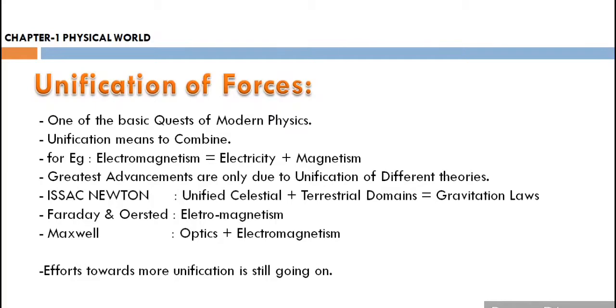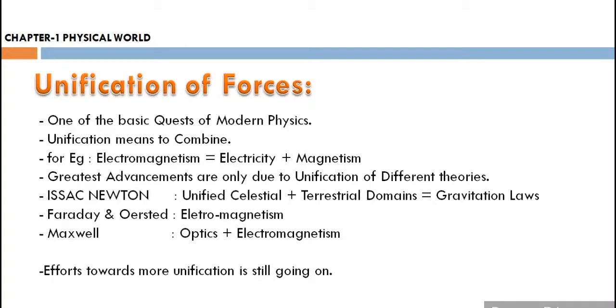Clear? So in short, unification of forces is the combination of different physics branches and concepts. For example, electromagnetism, which we have studied in 10th standard. That is why you will easily understand that electromagnetism is the combination of electricity and magnetism.